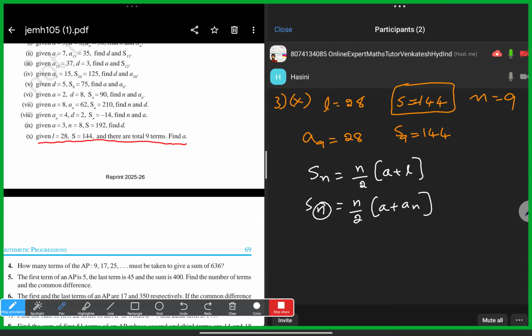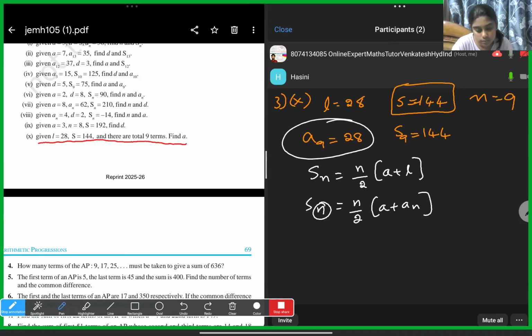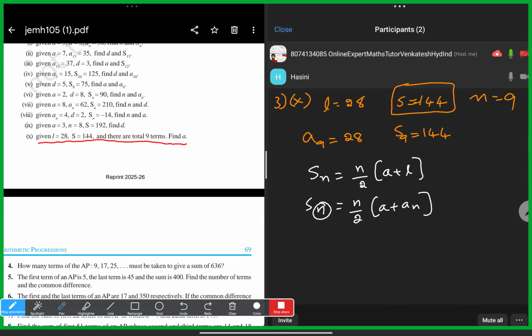So two unknowns are there. Using A9, by writing A plus 8d is equal to 28, we can find A or d, but both are not there, so we cannot find them. So now Hasni, Sn is equal to n by 2 into A plus An.